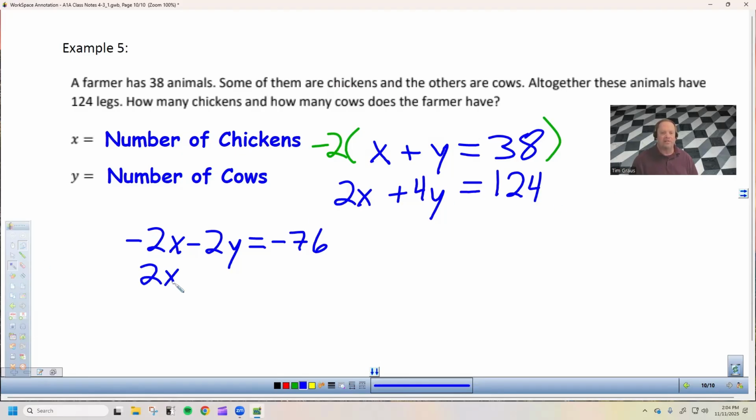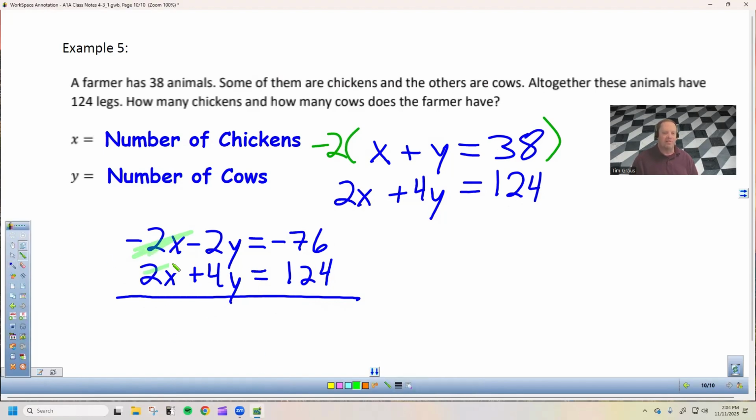So 2x plus 4y equals 124. Well, now if I draw a line under these, I can add up my like terms. The x's will eliminate each other. Remember, that's where this method gets its name, the elimination method. The y's add up to positive 2y.